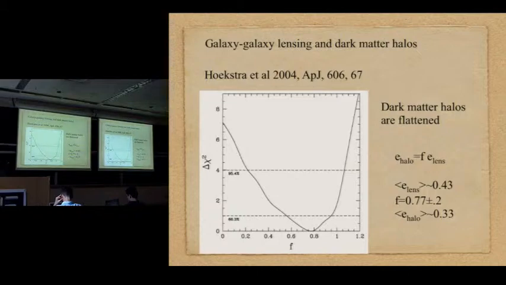For example, we talked about dark halo shape yesterday for clusters, and this is what RCS1 found for galaxies.